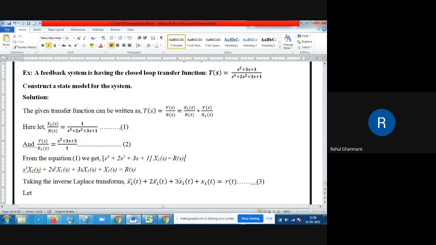So I just multiply this term with this one. Finally I get S cube X1 of S plus 2S square X1 of S plus 3S X1 of S plus X1 of S equals R of S. Are you getting it? You can note this down.